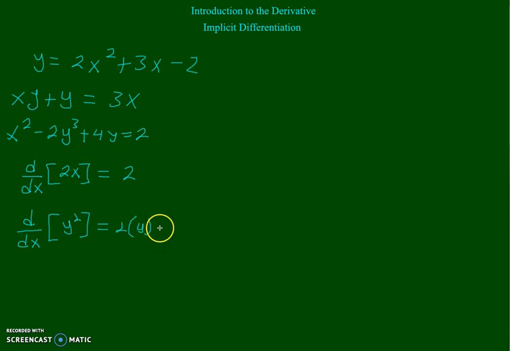Then what we have to do, in the chain rule, is take the derivative of the inside piece. And the derivative of the inside piece is dy/dx, the derivative of y with respect to x. And so our final result is simply 2y dy/dx.